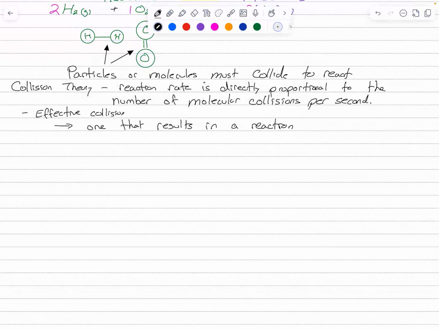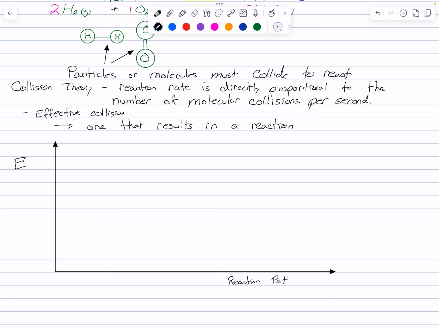And if we look at a graph, all right, we have a y-axis here, and that would be our energy, our relative chemical potential energy. I want to do this. We have an x-axis, and just think of this as the reaction pathway, and kind of how it's done. Our reactants will have some type of chemical potential energy.